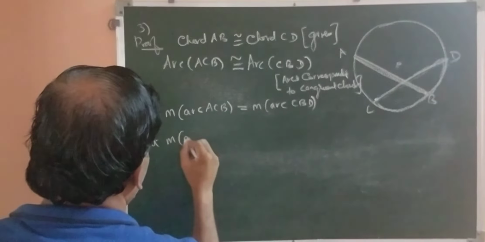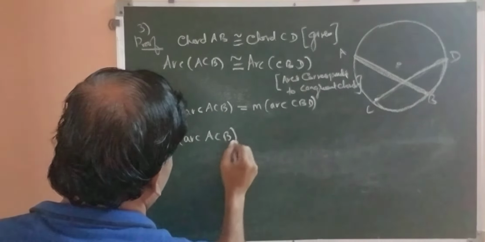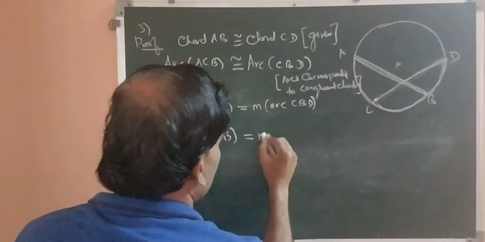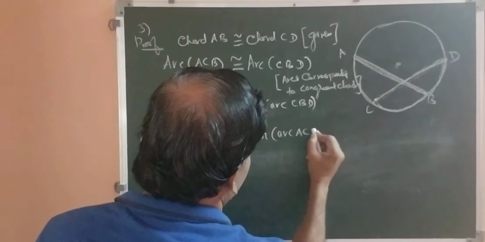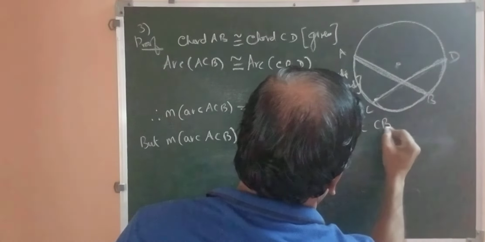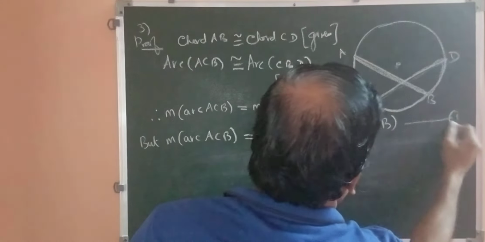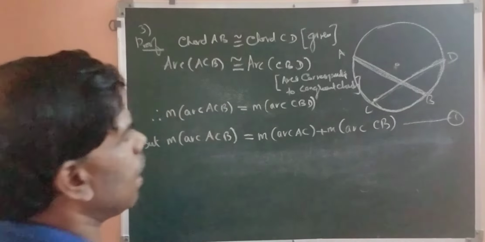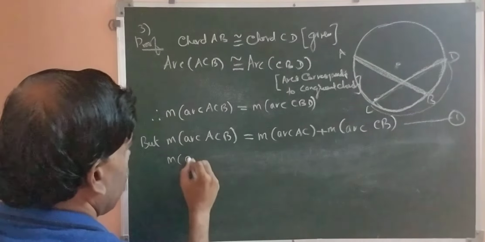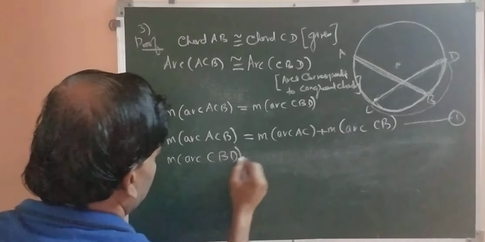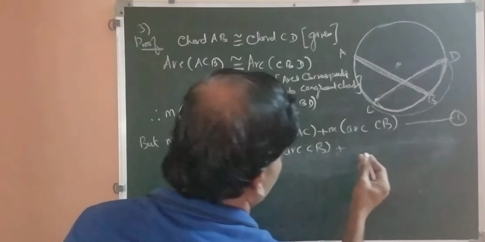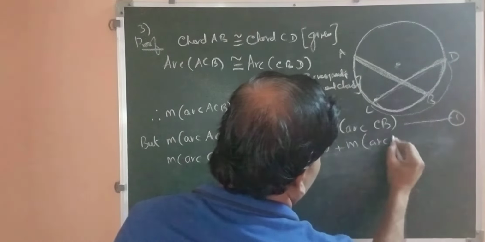Measure of arc ACB equal to, see this I am going to write in addition formula, measure of arc AC plus measure of arc CB. This is equation number 1. Now similarly I am going to write this portion, that is measure of arc CBD equal to measure of arc CB plus measure of arc BD.